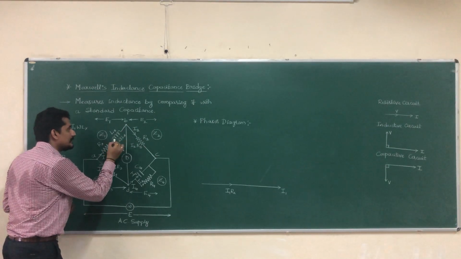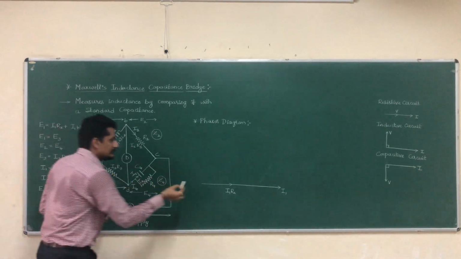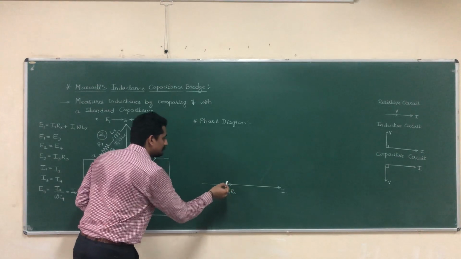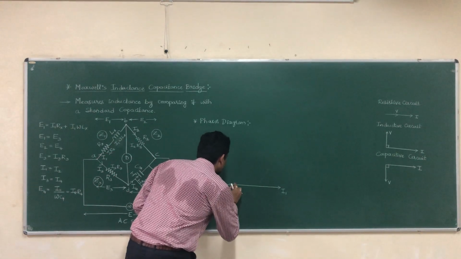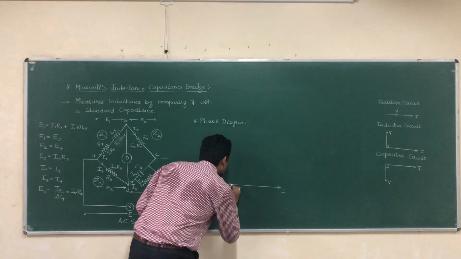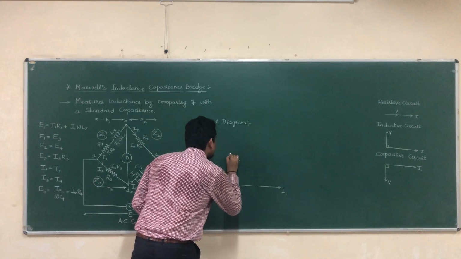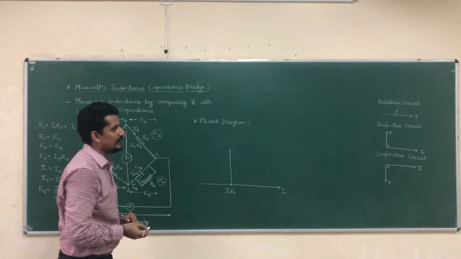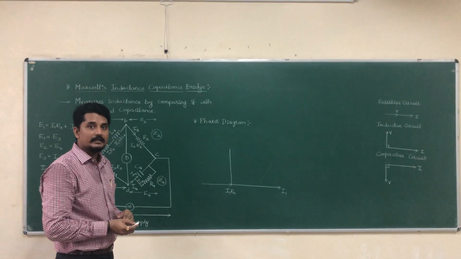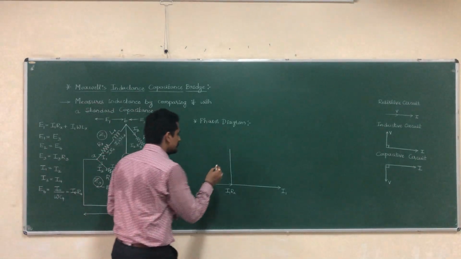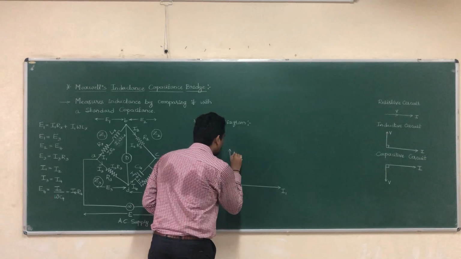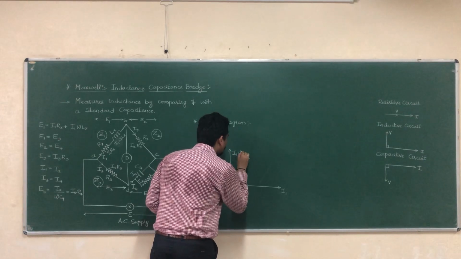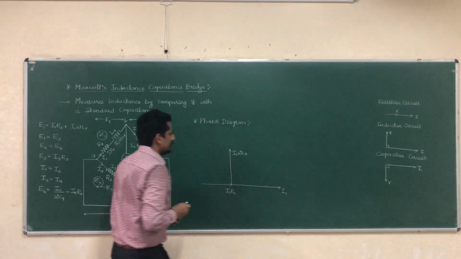This is an inductive load, so voltage leads the current by an angle of 90 degrees. So this is I1 omega Lx.